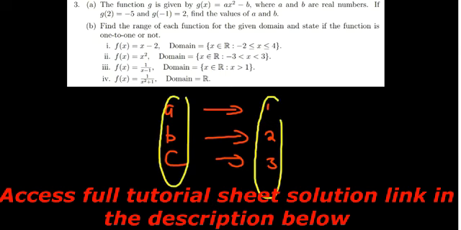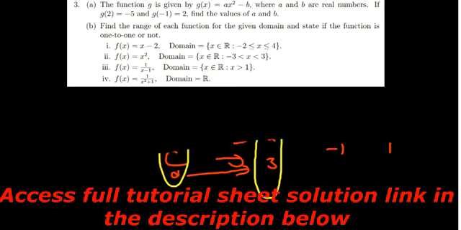Now in a case where we may have two elements, let's say I introduce another member of the domain and it matches to the same result, such usually happens in a function of x squared, where you can have -1 and its positive, giving you the same result. So that is not a one-to-one function.